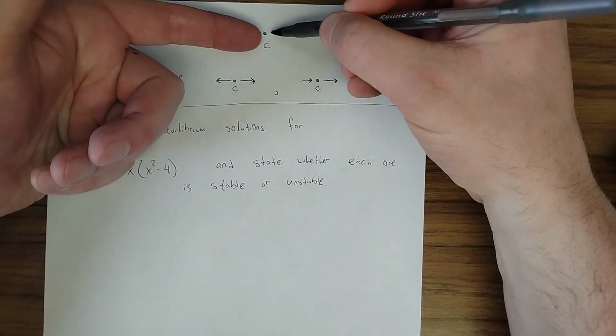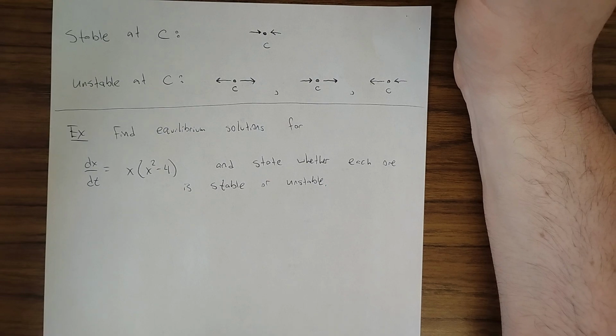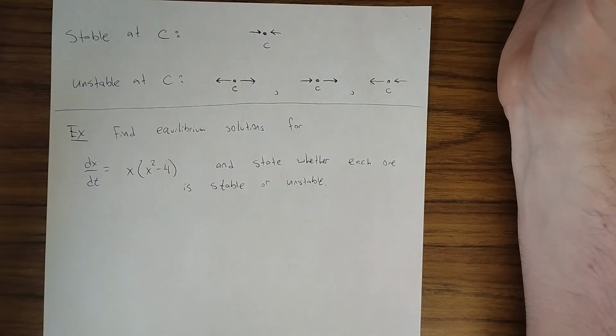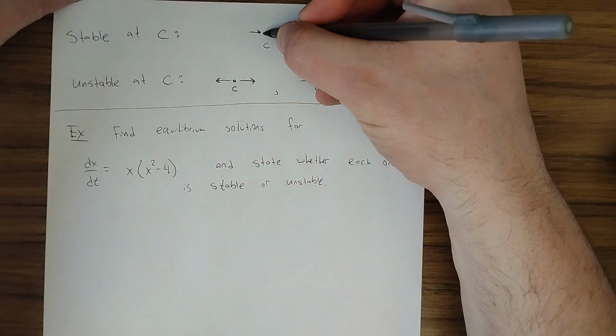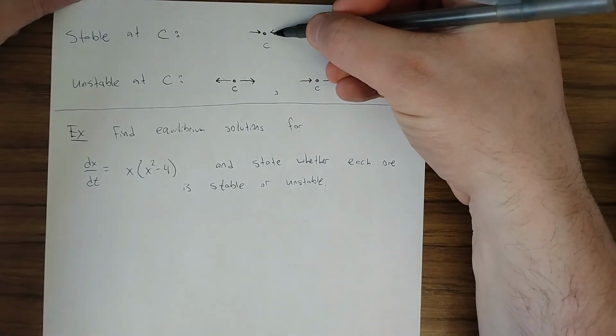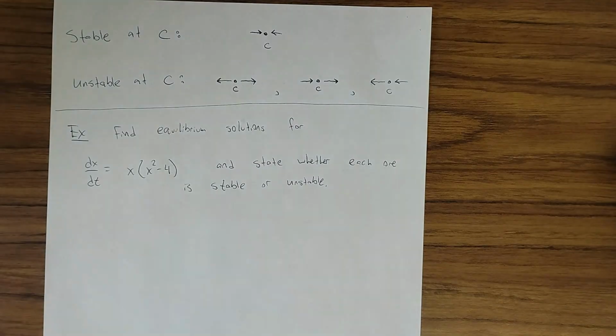If you see two arrows pointing towards your critical point, then it's stable. That means, and again, this is the same thing that the slope field was telling us, that if I'm a little bit off of the critical point, it's just going to push me back towards the critical point, no matter which side I am on. If I drift a little bit away from it, the differential equation tells me to go back towards it.